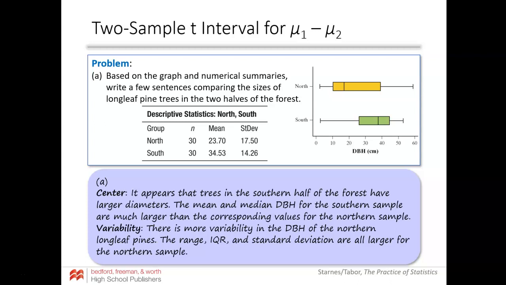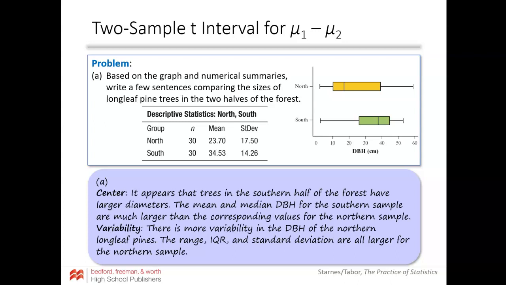So it appears that the southern half of the forest, as far as the center goes, has larger diameters at that height of the tree. So the mean and the median for the southern sample are actually larger. If you look at the medians, remember the middle of the box plot, the median is also, well, I shouldn't say significantly, that's a naughty word to use right now, higher than the northern forest median.